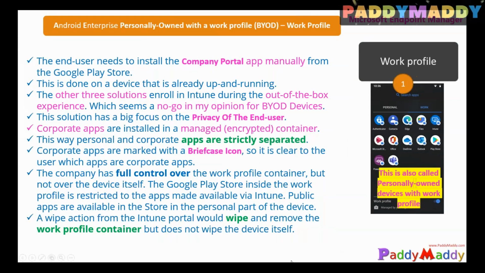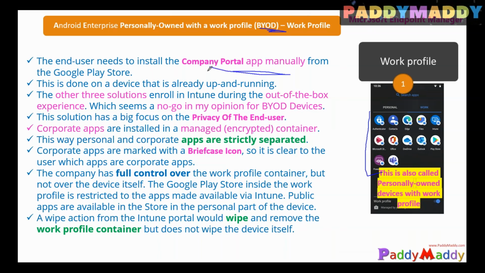But just to give you a high level idea, bring your own device. What we're talking about is, when you will be encouraging the end users to use their personal devices, they would have to enroll by installing something called the company portal application.